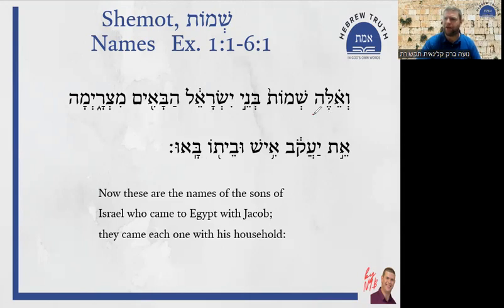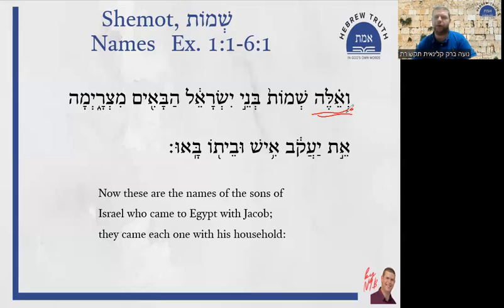And these, ve'ele, ele is the demonstrative pronoun. We have pronouns in languages that are pointing towards something. Ele is the plural close demonstrative. It's pointing to something that is near.